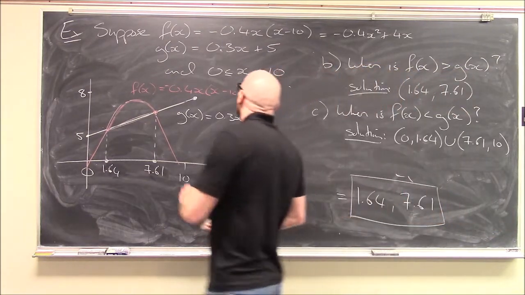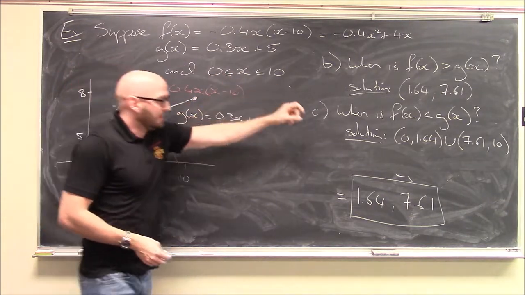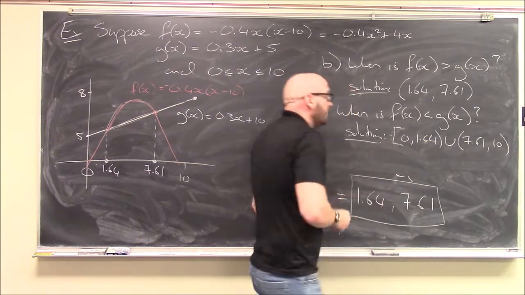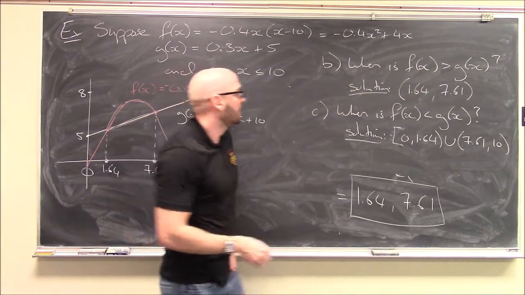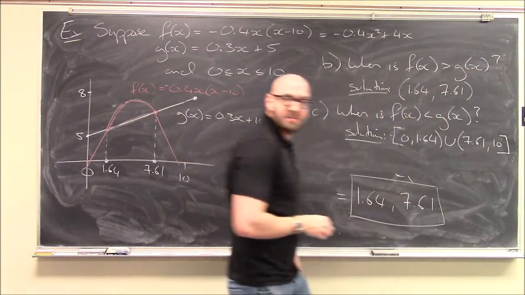Actually, our domain said we included 0 and 10 in the domain, so I'm going to put square brackets on the end here. It is strictly less than including 0, and strictly less than at 10 as well, so including 10.